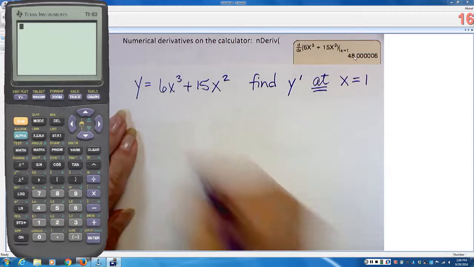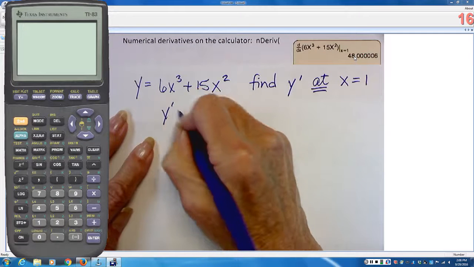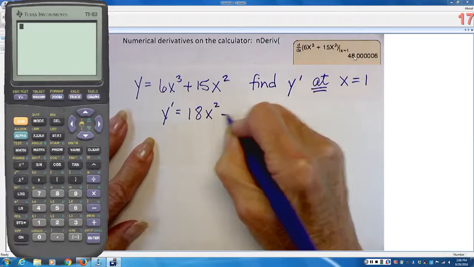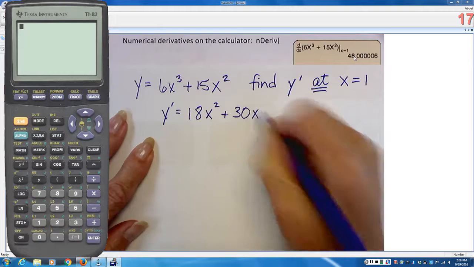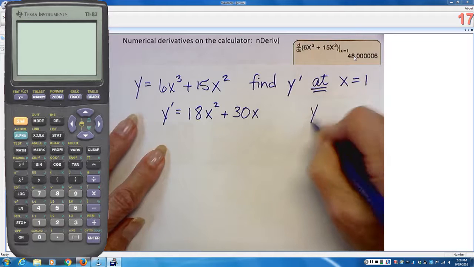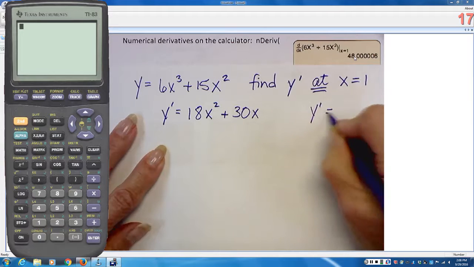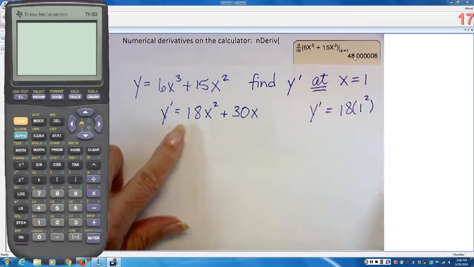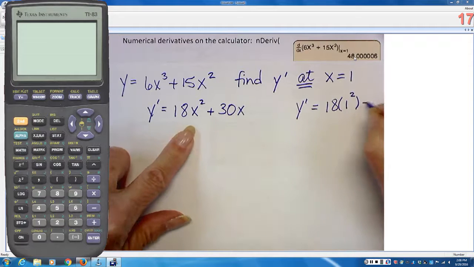If we did it by hand, then y prime would be 18x squared plus 30x. And at x equals 1, then y prime is 18 times 1 squared plus 30 times 1.